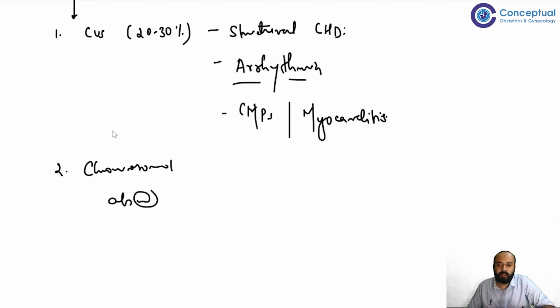By the way, if you ask me, why should any structural cardiac abnormality lead to hydrops fetalis? Remember, whenever there is any problem with the cardiac diastole or systole, it can lead to signs of heart failure.